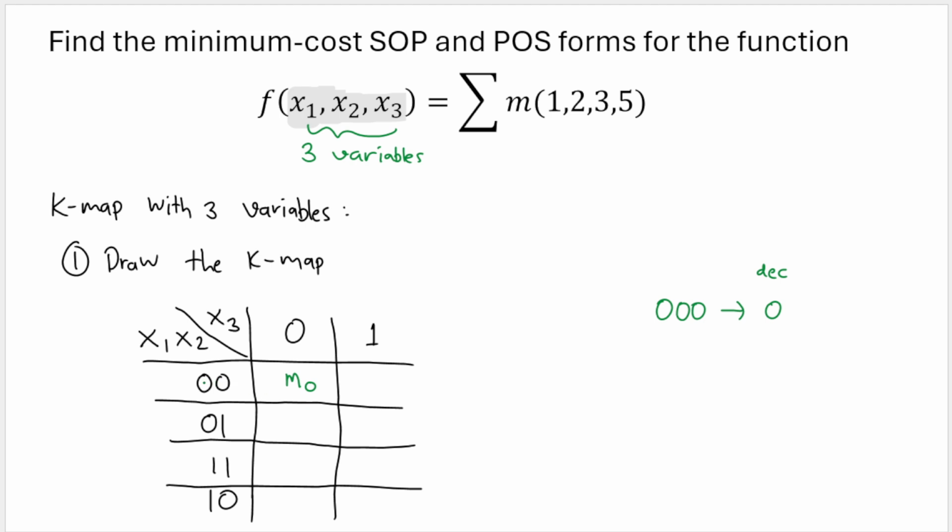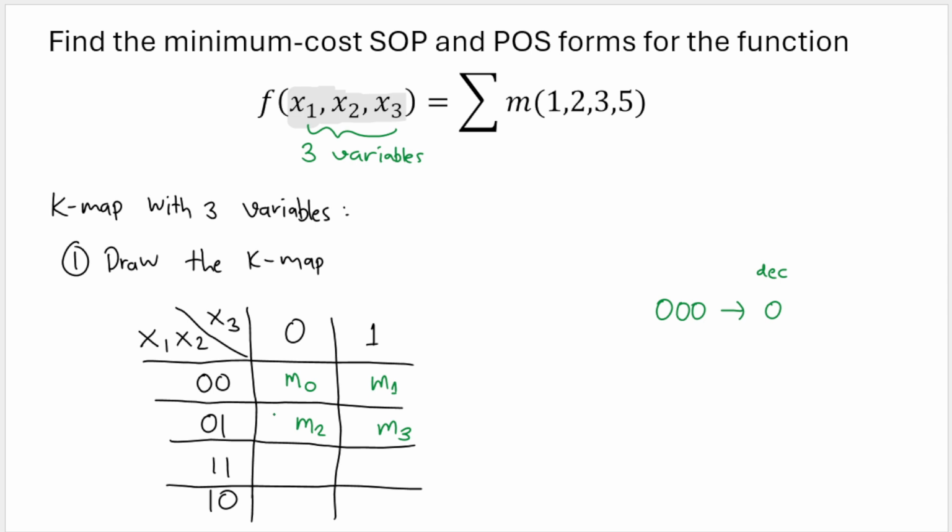Okay, and then we will have 0, 0, 1. So here we will have minterm number 1. And do that for all of these cells here. So we'll have 0, 1, 0, that is minterm number 2. And then 0, 1, 1, that is minterm number 3.